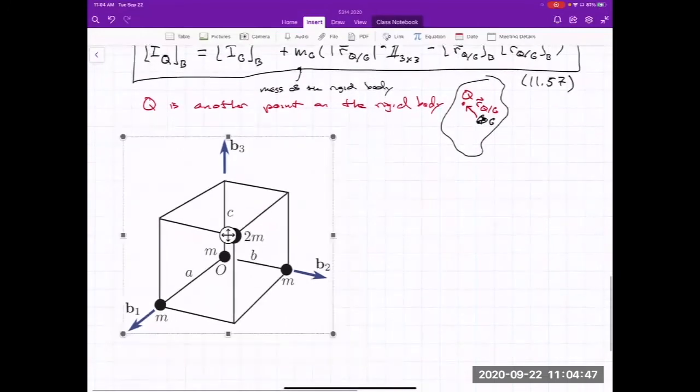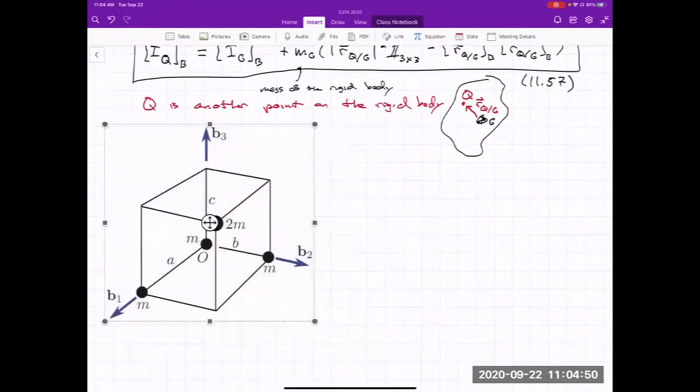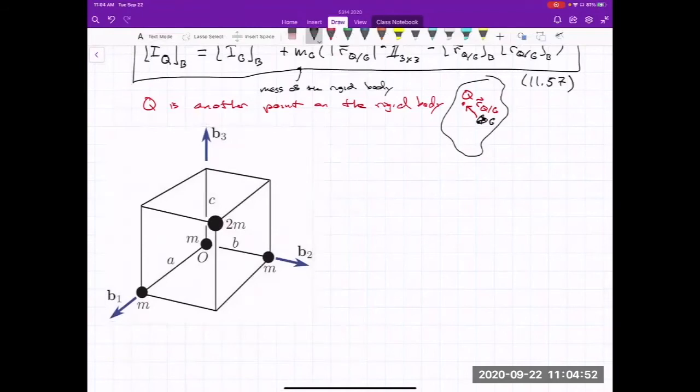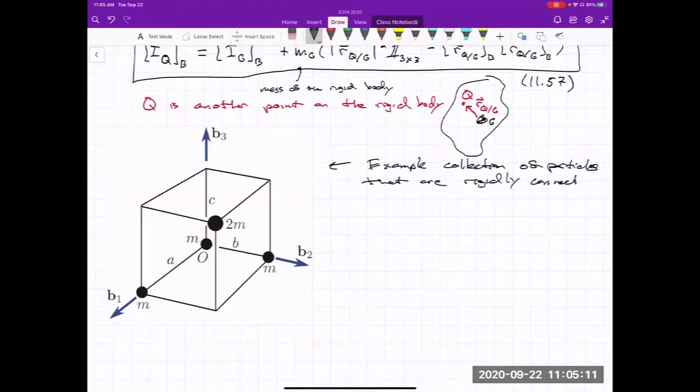Here's a situation. This is an example collection of particles that are rigidly connected, in this case, to a massless wire frame.